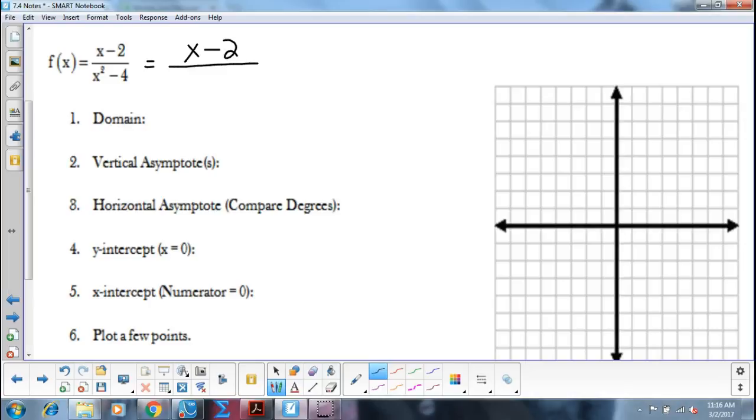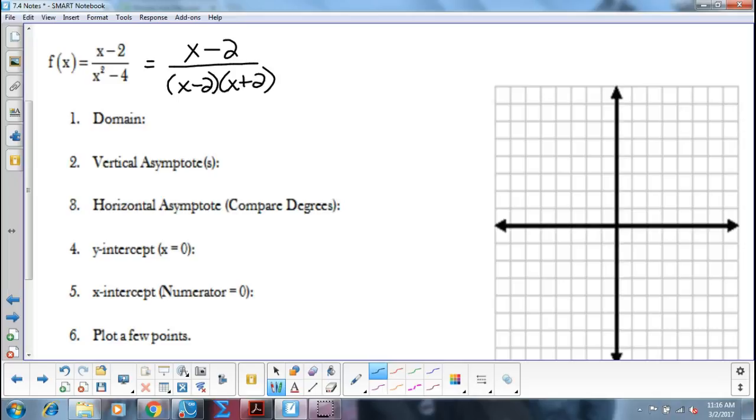Both are perfect squares, and more importantly, there's a subtraction sign in between them. So what is the bottom going to factor to? X minus 2 and x plus 2.